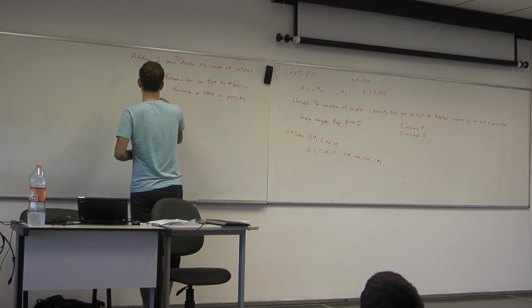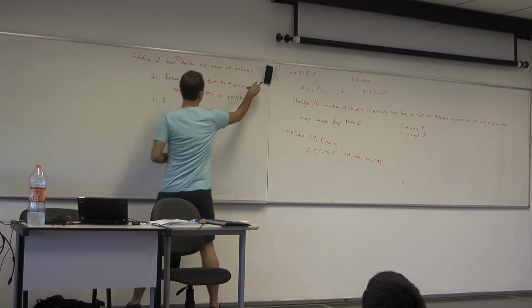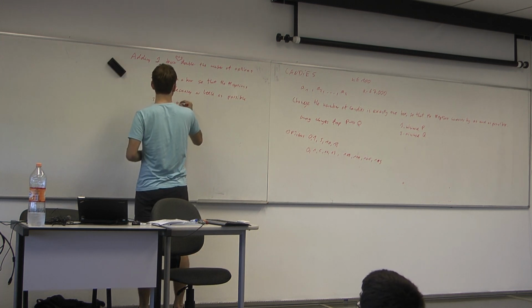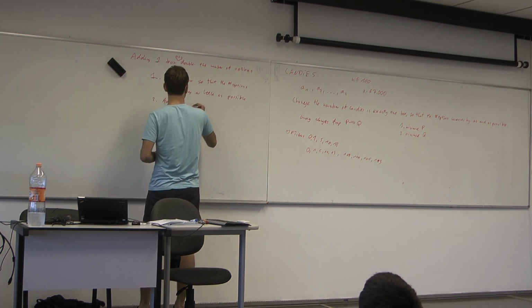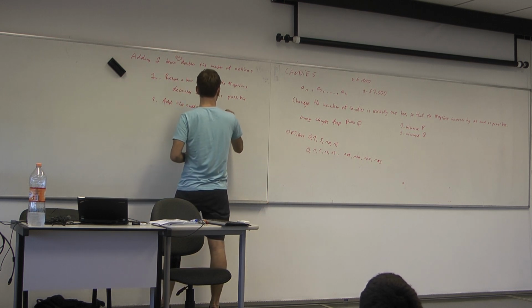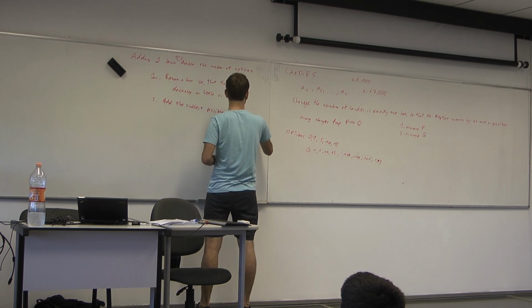And now step 2, add the smallest possible box that doubles the number of options.